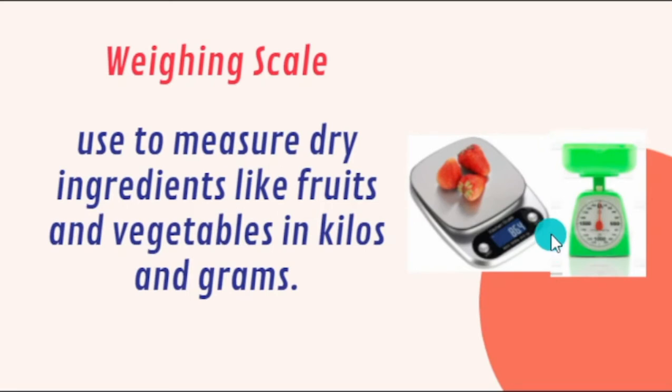For the digital, you can see the numbers over here. We have an LED or LCD monitor wherein you can see the value of the weight of your ingredient. So this is how you use a weighing scale for measuring the weight of dry ingredients like fruits and vegetables.